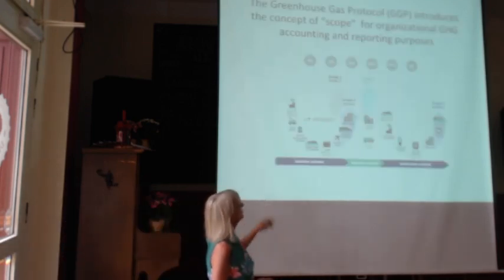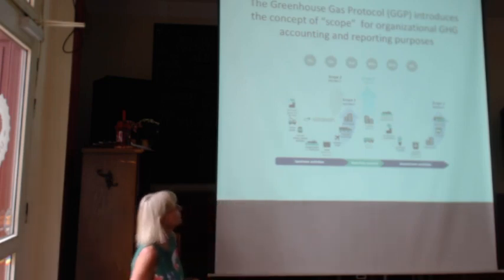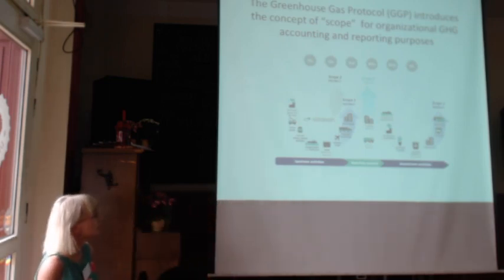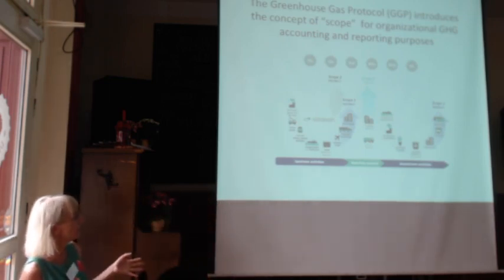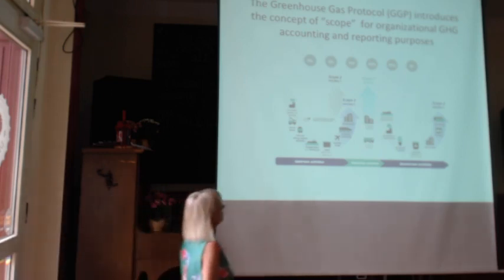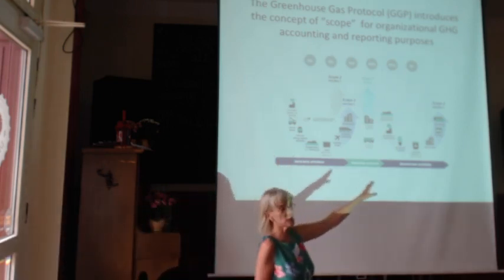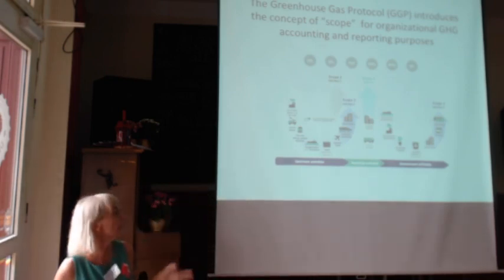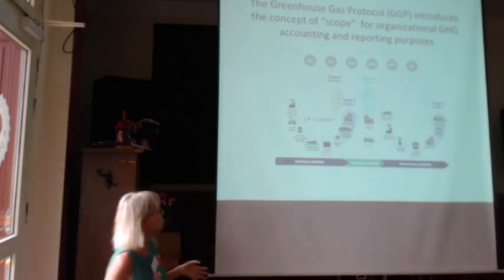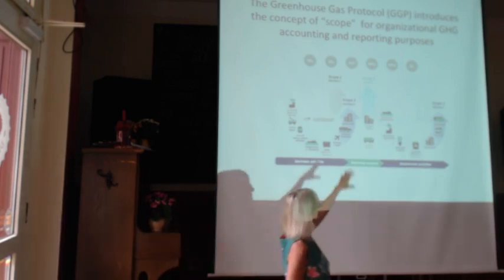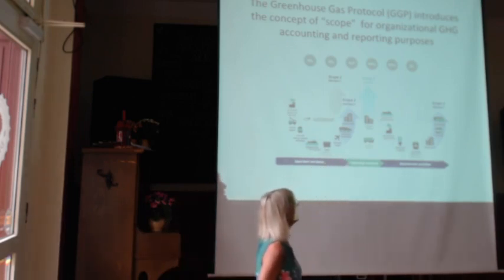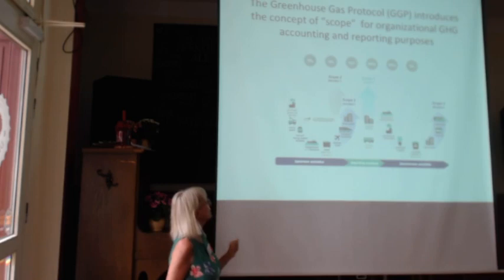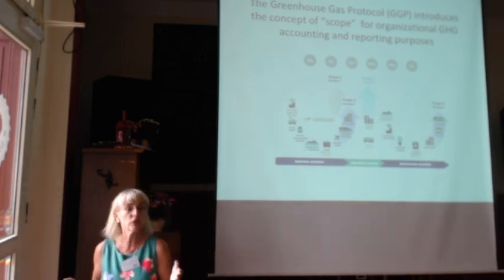And so the greenhouse gas protocol is recommending that when companies do their reporting, they categorize emissions into 3 different scopes. Scope 1 are direct emissions that are generated by a company itself, by their own operation. So it's company vehicles and company facilities. Scope 2 is all electricity which is not manufactured by the company.